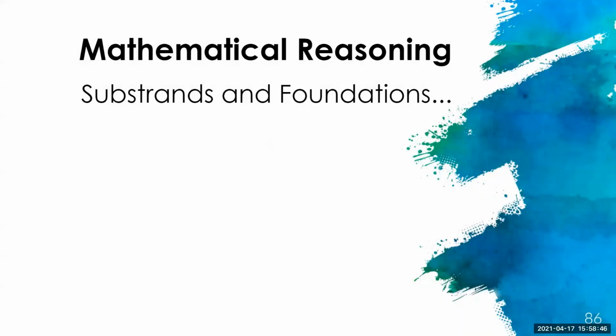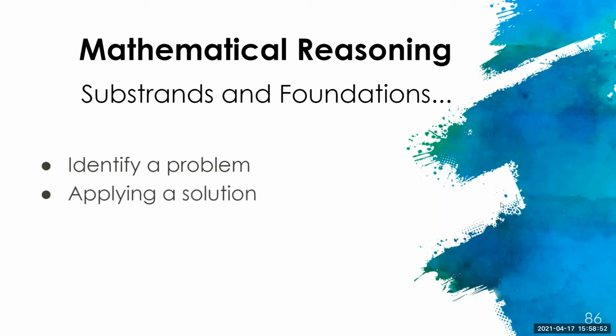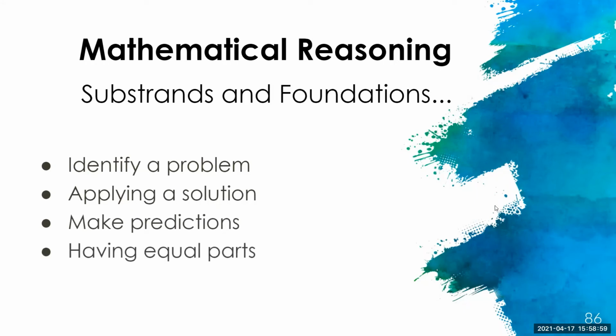The substrands include identifying a problem, applying a solution, making a prediction, and having equal parts. Those are all areas of mathematical reasoning that children are developing in the preschool years.